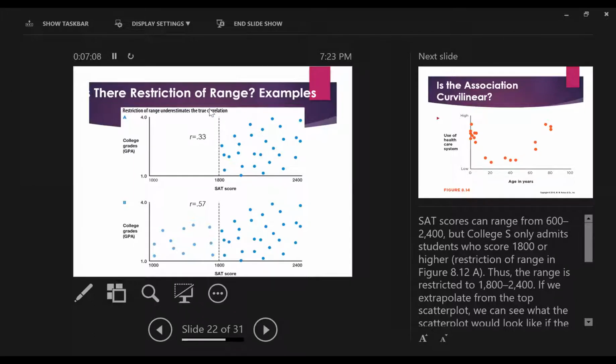But they're showing here that really that restriction of range underestimates the true correlation between the two, because if you have the broad range, like all of these values added here, which are much lower scores, then you get to see what the relationship is. It's going to be a stronger impact.